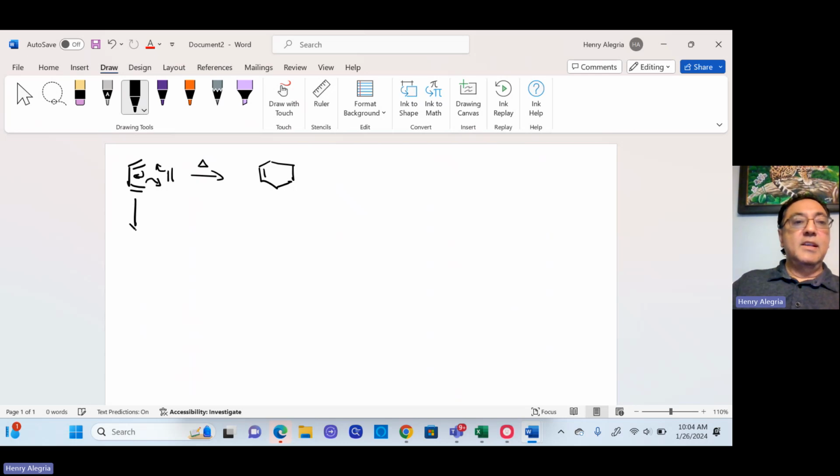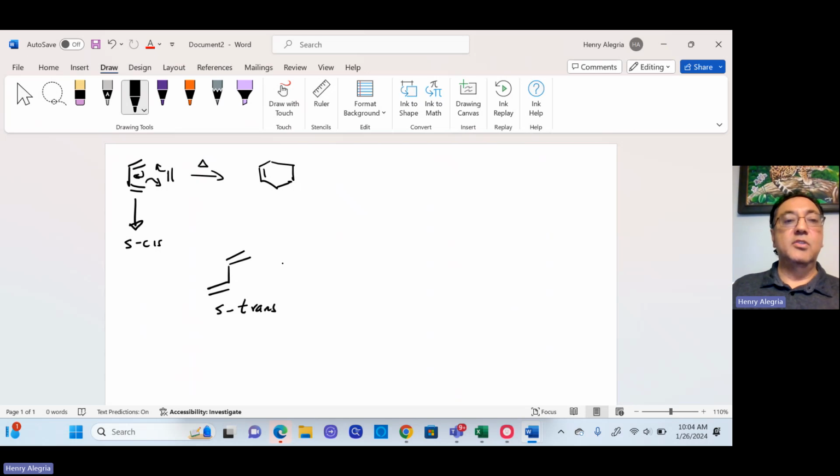Now, this arrangement of your diene is what you call an S-cis configuration, because I could also have this arrangement where the 1,3-butadiene is like that, and this is what you call the S-trans configuration.